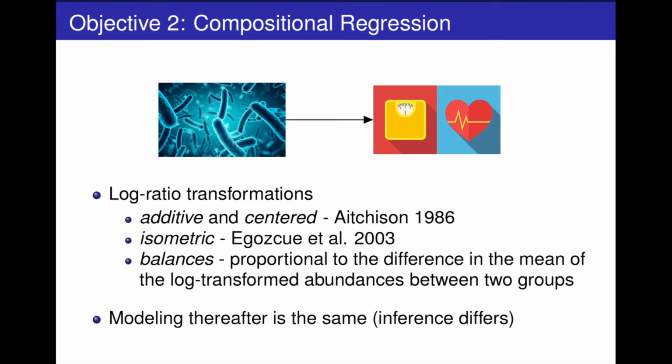In order to accommodate the compositional structure of the microbial data in Objective 2, researchers apply log ratio transformations, such as the additive and centered log ratio transformation, as well as the isometric, often referred to as balances, which I'll define later. After performing these transformations, researchers can use traditional analytical approaches for analyses, but inference changes based on the transformation applied.